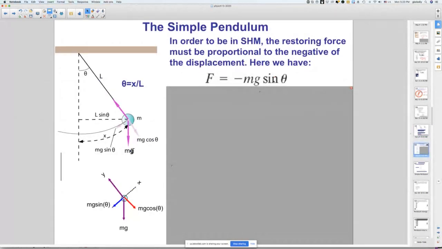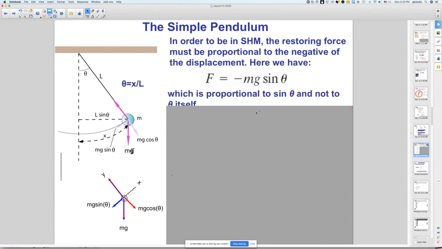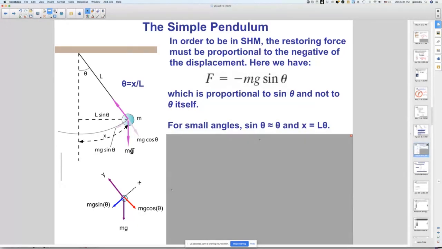So we're going to make that approximation, the small angle approximation, that sine of theta is approximately equal to theta. And what that means is that, remember, in circular motion, we said that theta in radians is related to the arc length, this distance, and to the radius, which we call L. Basically, the ratio was theta equals delta S over R. In this case, instead of R, we have L here.